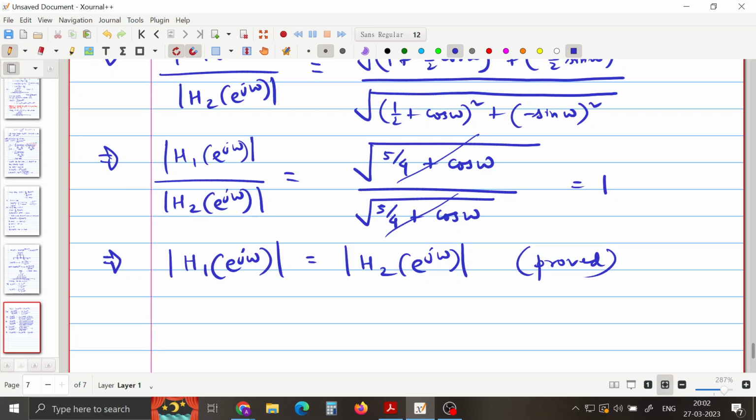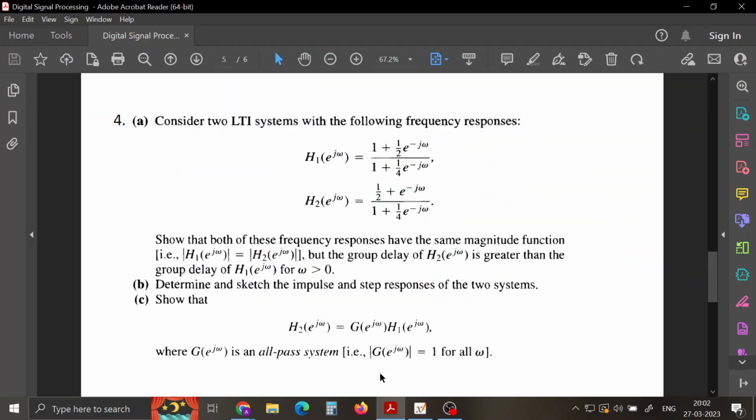Okay, now we have to prove that they have different group delays actually, or more precisely we have to prove that the group delay of the second system H2 of e power j omega is greater than that of H1 of e power j omega for omega greater than 0. So let's see.